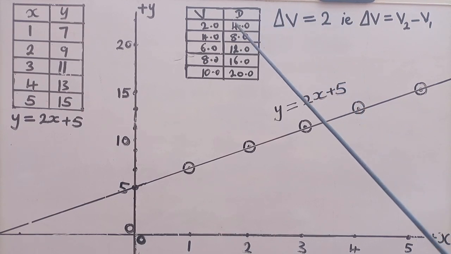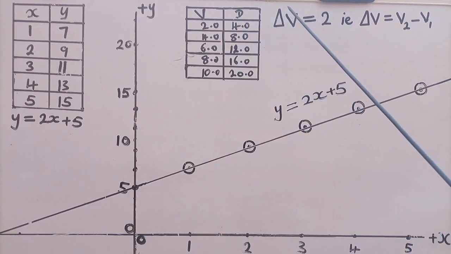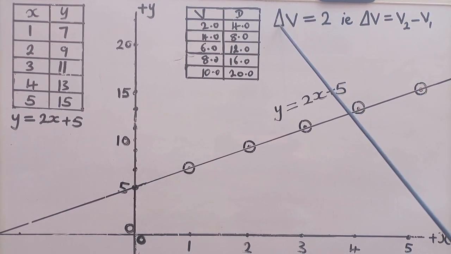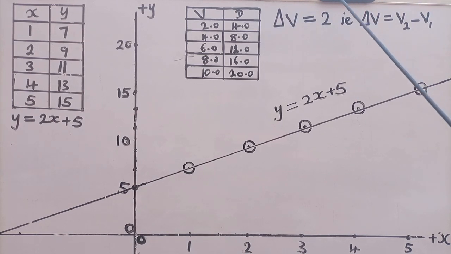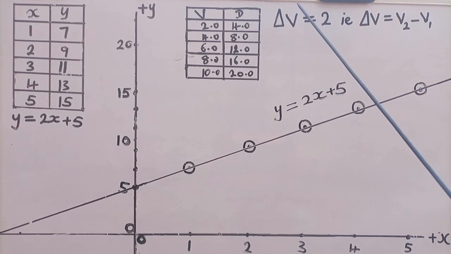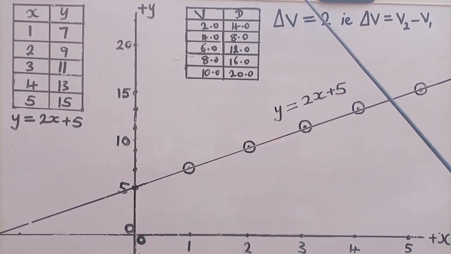Change, in this particular case that concerns us right now, is an increase. Therefore, for now, this delta represents the increase in volume. Then the increase in volume is 2.